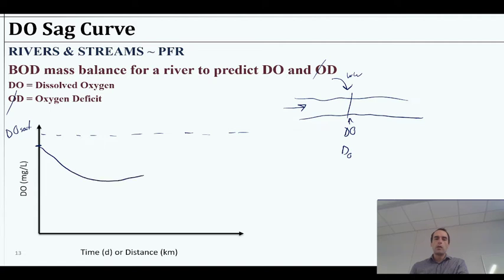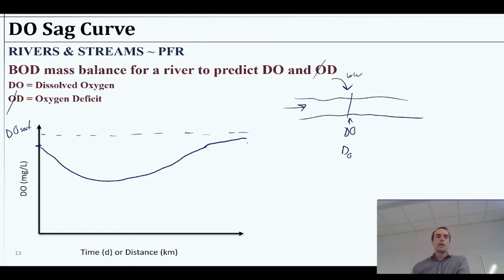And so from this point, I drew it up earlier, it'll look kind of like that. And then eventually, if no organic matter is ever added, so we're not really considering a true stream or whatever, but we could actually come back to saturation. Typically, we'll reach that small deficit that's kind of natural, right?